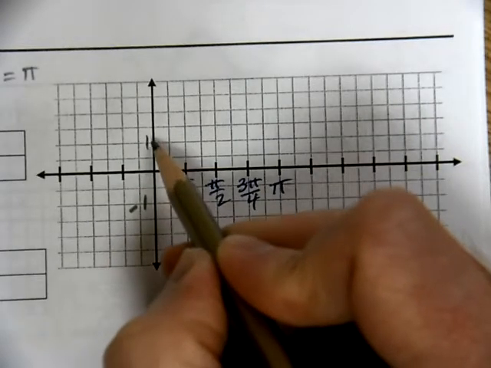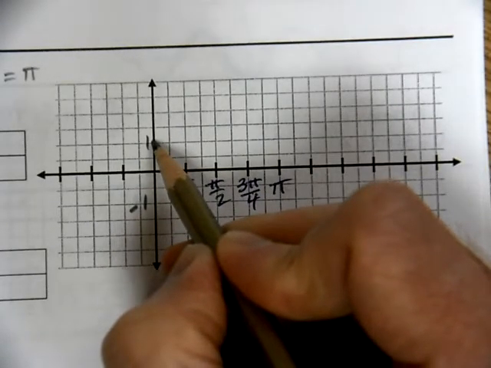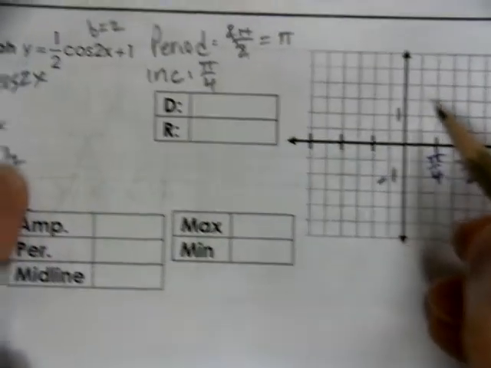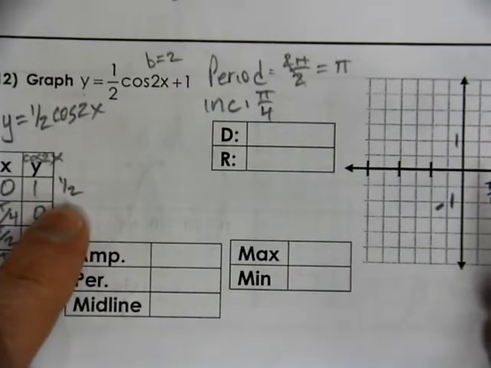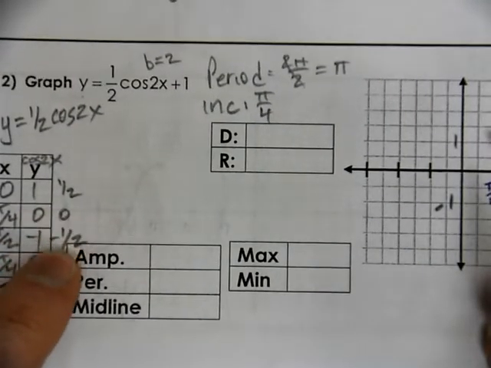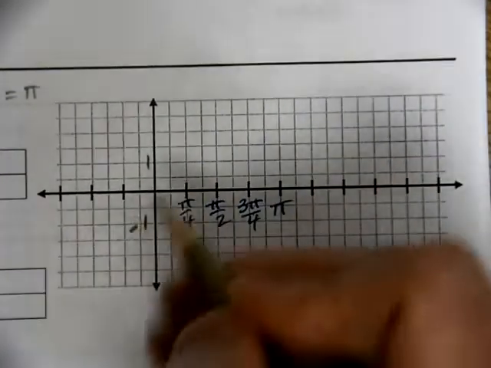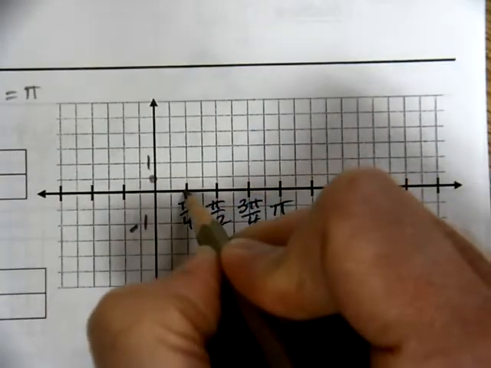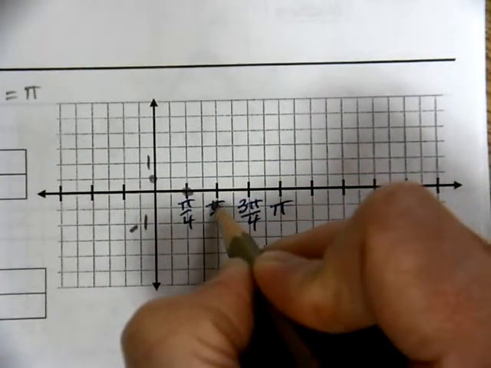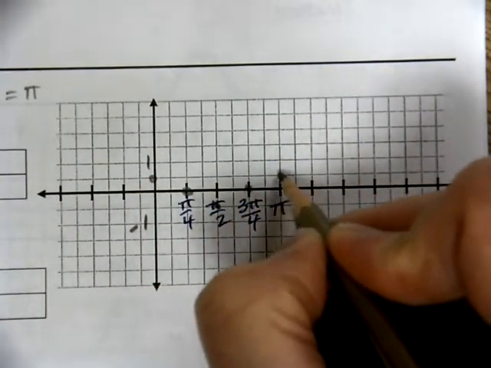So typically cosine would start up at 1, but we're going to do half of that. That's where we get this half from. Half, 0, negative a half, 0, and a half.